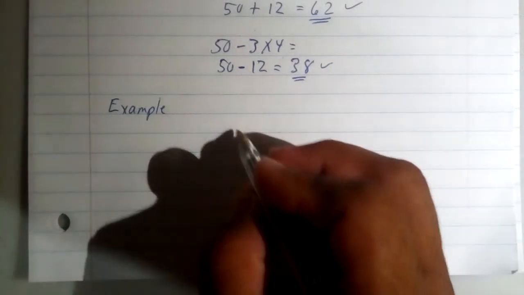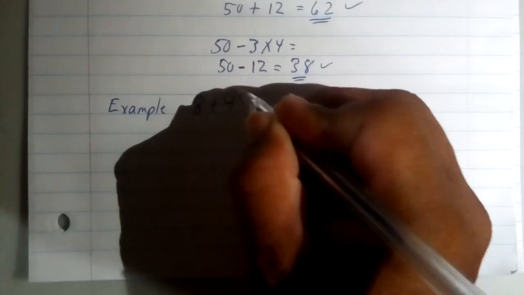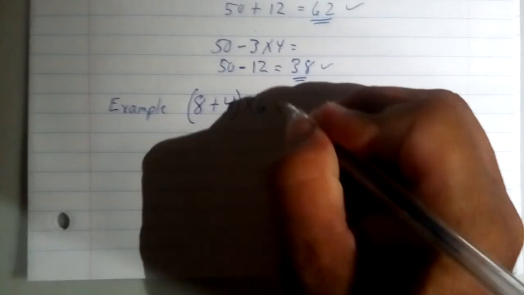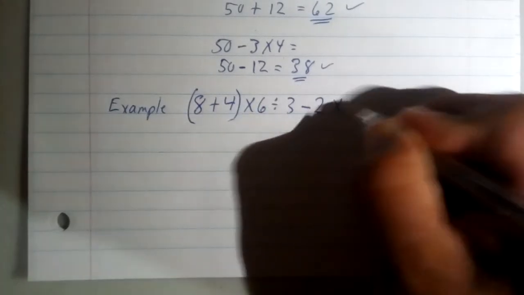Consider a problem like this. We have 8 plus 4 in brackets, times 6 divided by 3 minus 2 times 8.